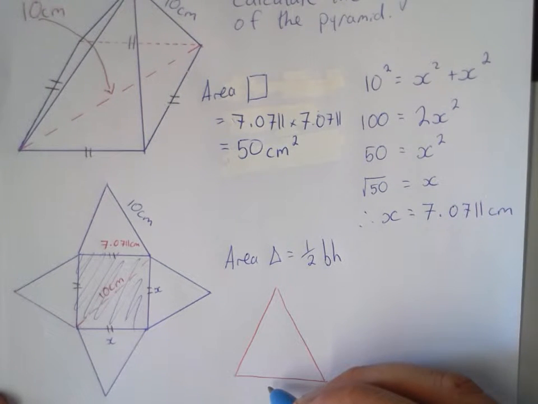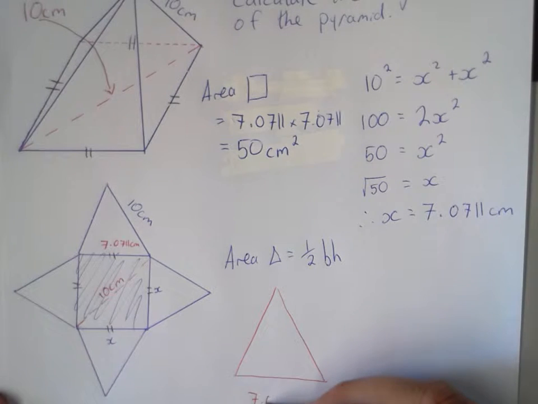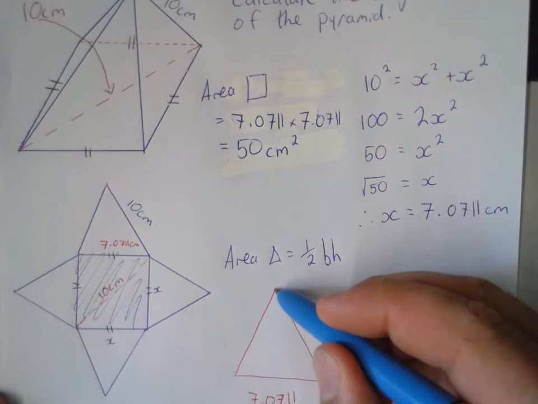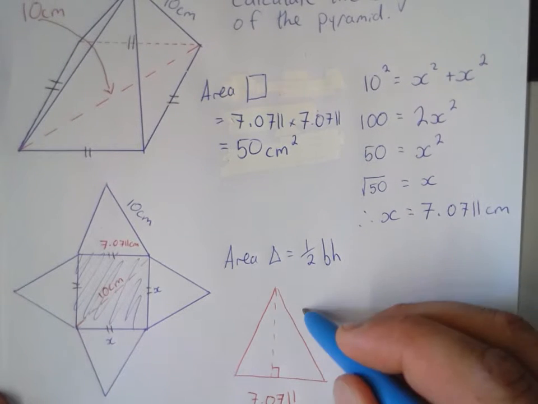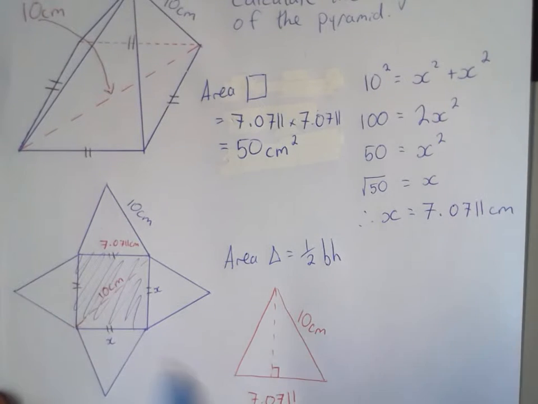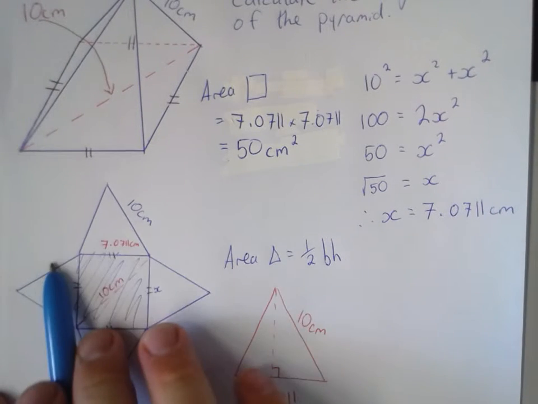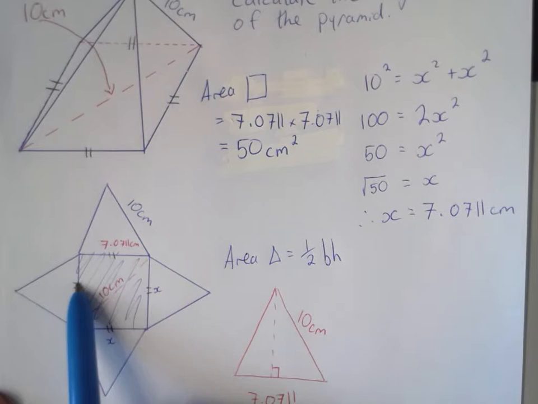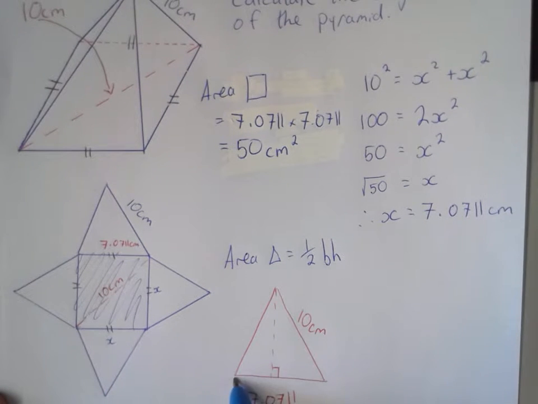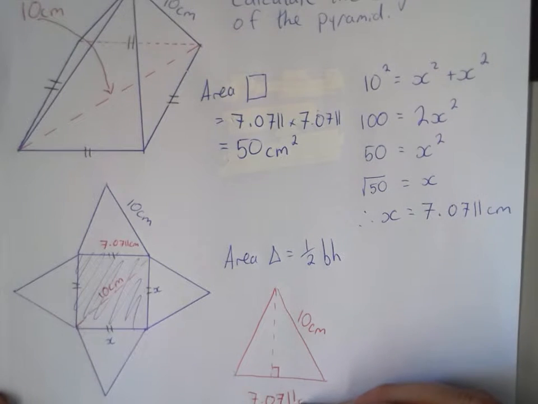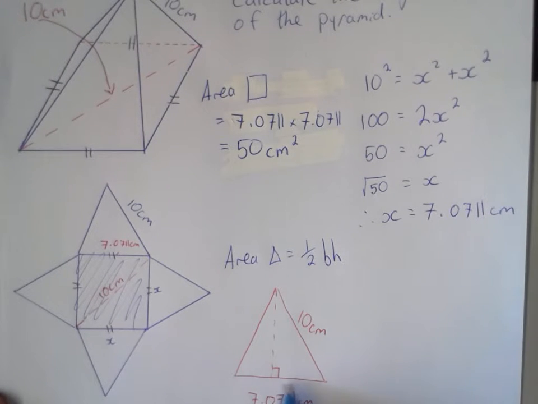This whole base is 7.0711. I can create a little right angled triangle here. This is 10 centimeters. Because each side of this is 10 centimeters, I can just halve this value here to give me this part of my triangle.